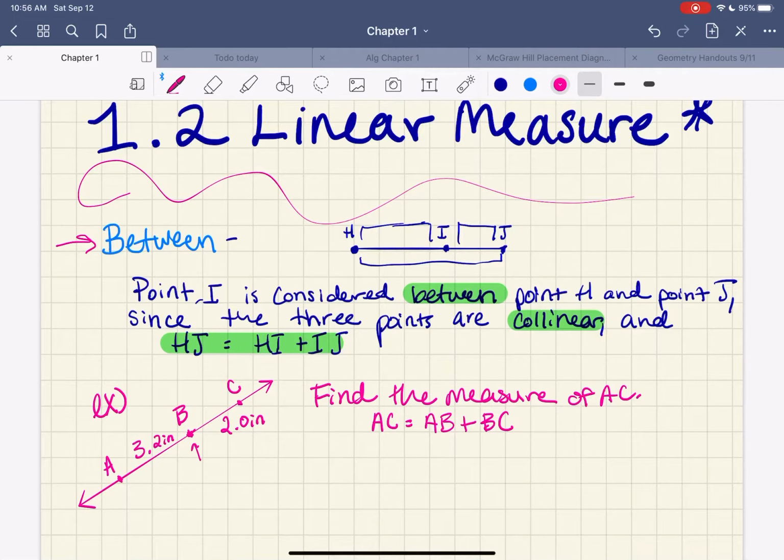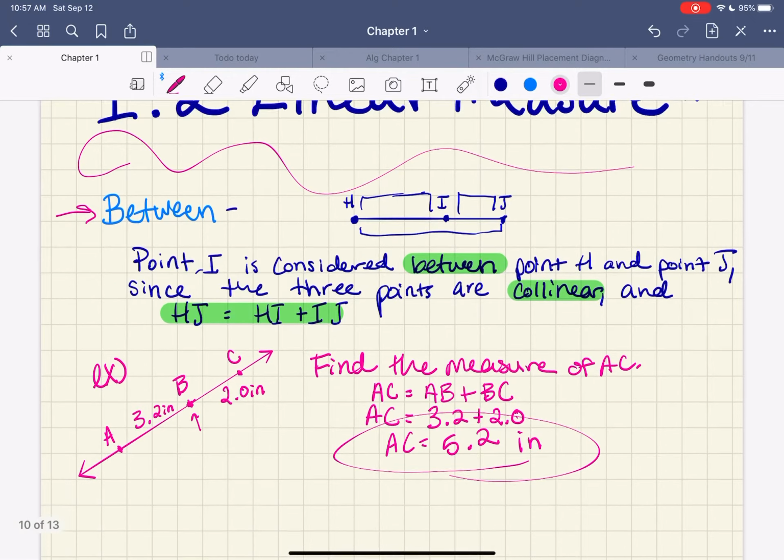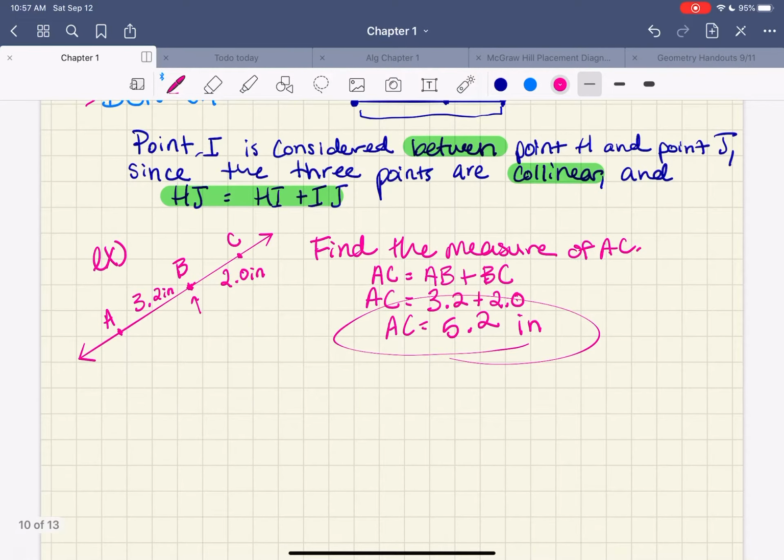I can use that because of the betweenness. And then I plug in what I know, just like we do in algebra, simplify, and I find that AC is equal to 5.2 inches. Please put your units. 5.2 inches is your answer.